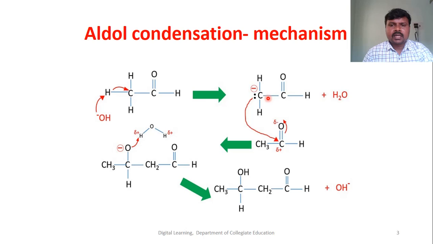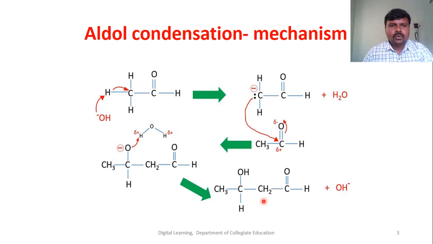In the next step, this carbanion attacks another molecule of acetaldehyde at the carbonyl carbon atom and breaks the pi bond, and the electrons move to the oxygen atom, leading to the formation of alkoxide ion. Alkoxide ion has negative charge on the oxygen atom. In the next step, this alkoxide ion gets a proton from the water molecule to form beta hydroxyaldehyde. That is the product of the aldol condensation.